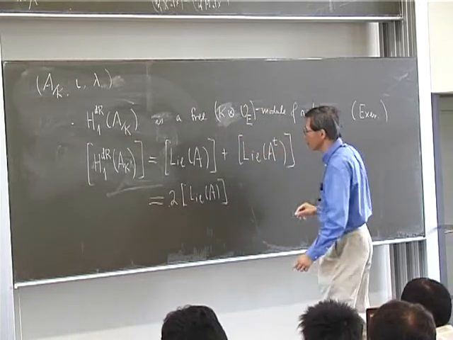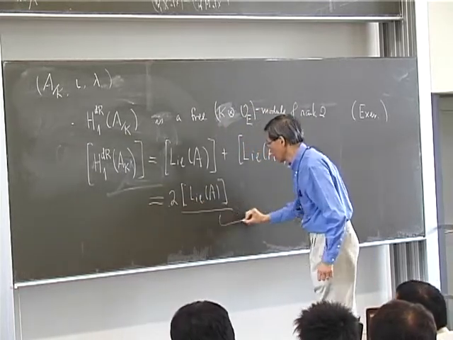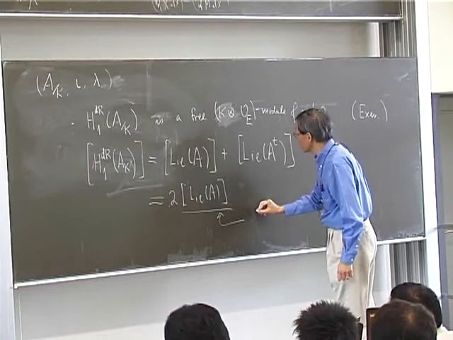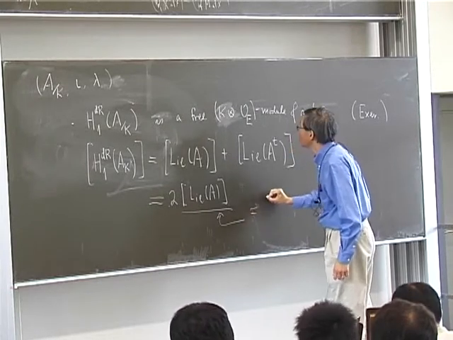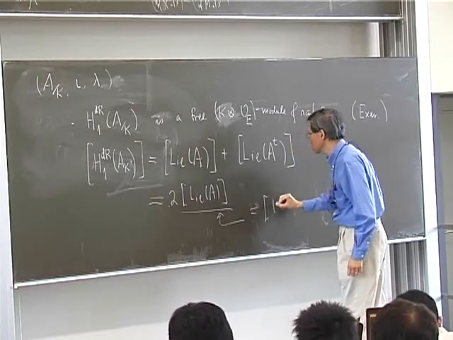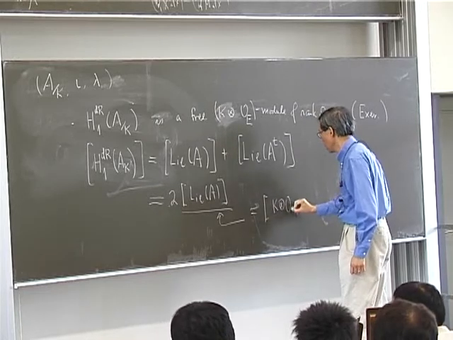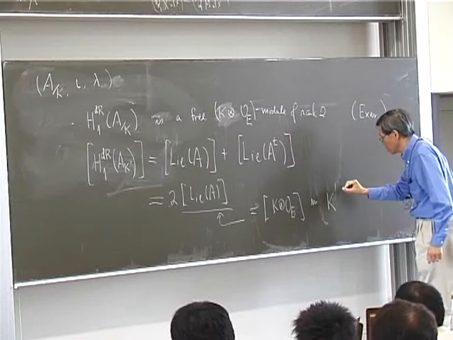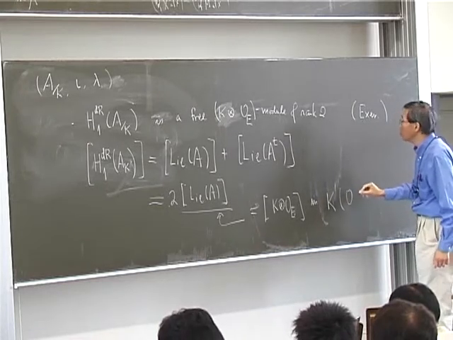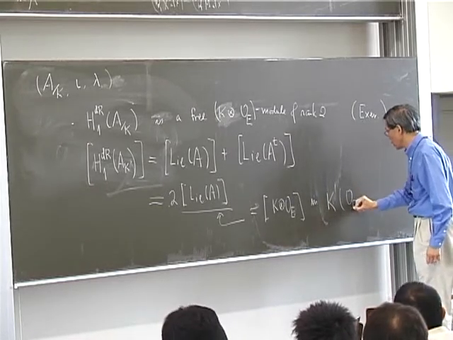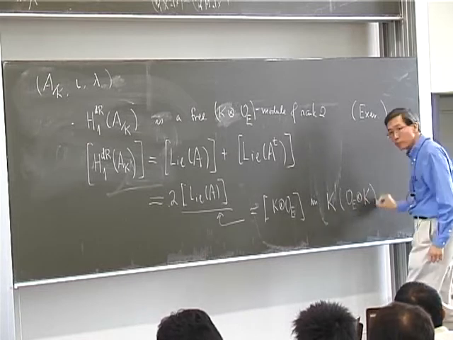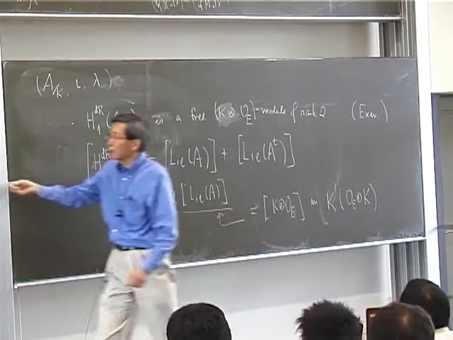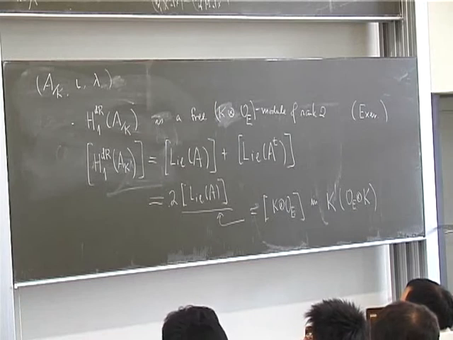So the conclusion is that this is equal to the class of K tensor O_E in the Grothendieck group. I guess the standard notation is K' of O_E tensor K. So this module is not necessarily free, but if you pass to the Grothendieck group, it's correct.